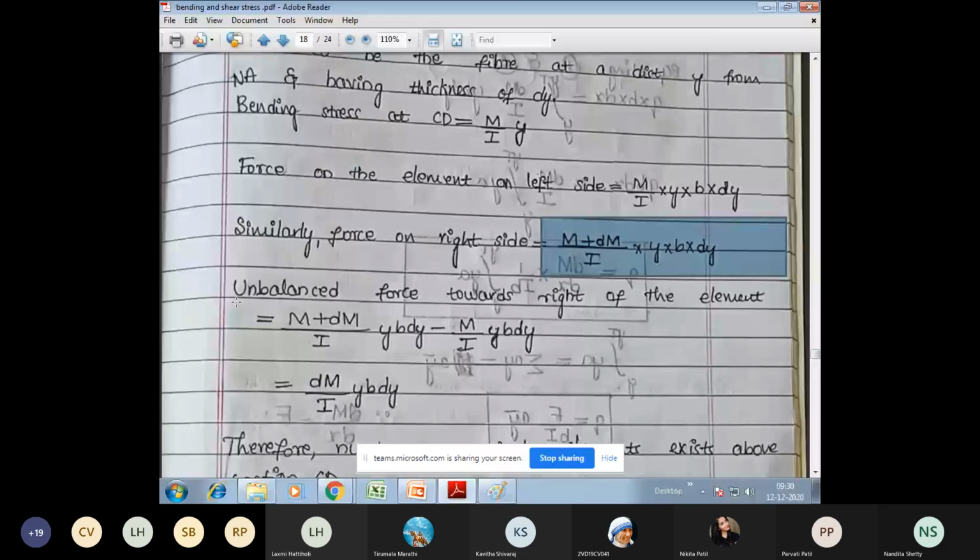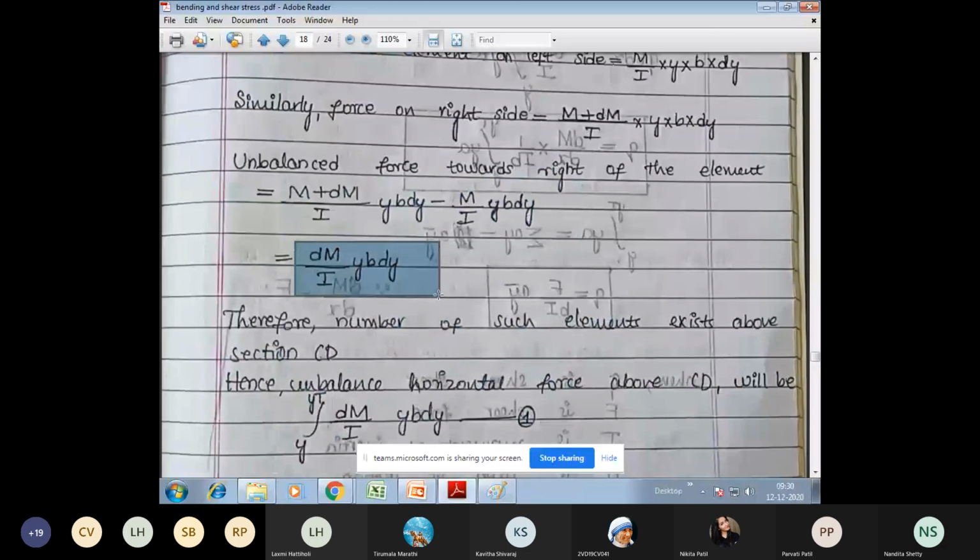When you subtract this, m by I gets cancelled. What remains is dm by I y b into dy. This is the unbalanced force generated at that particular section, at the CD section. Now you're not talking about the entire element. In this derivation, you are simply considering one single fiber, and for that single fiber you are analyzing the data.